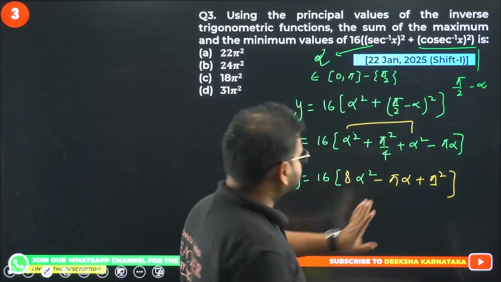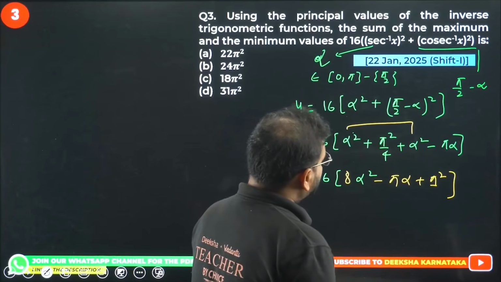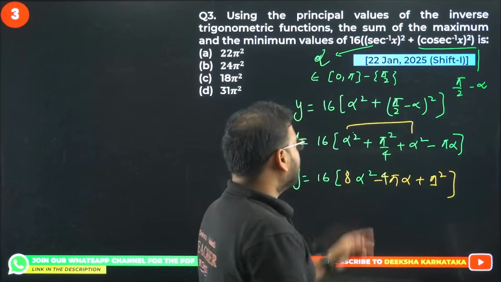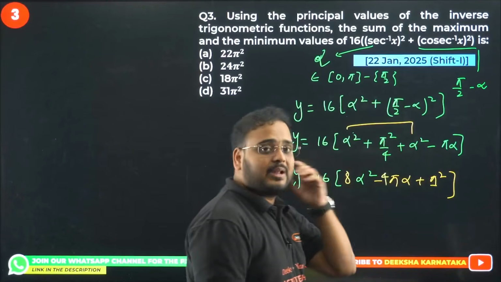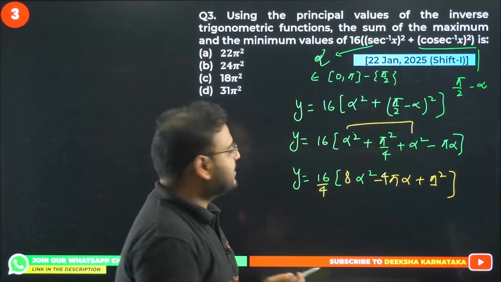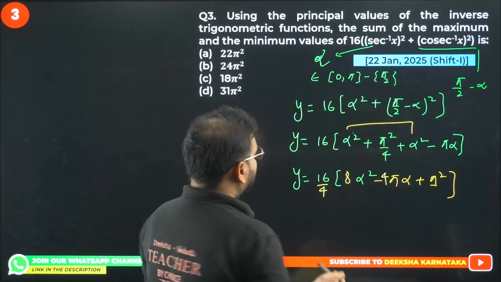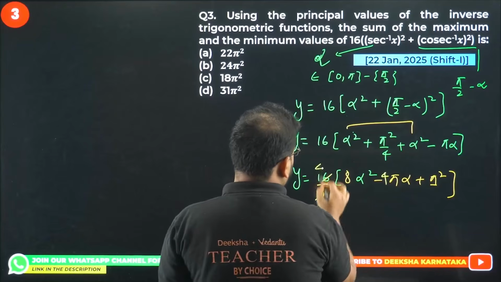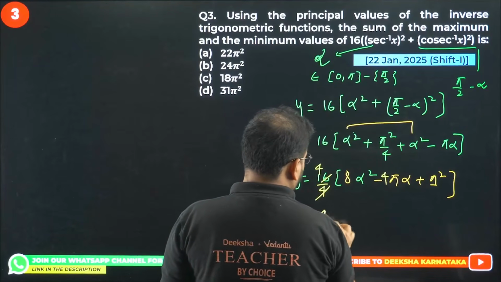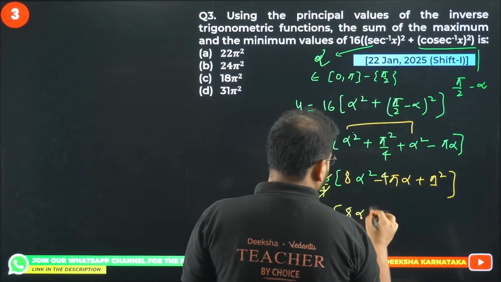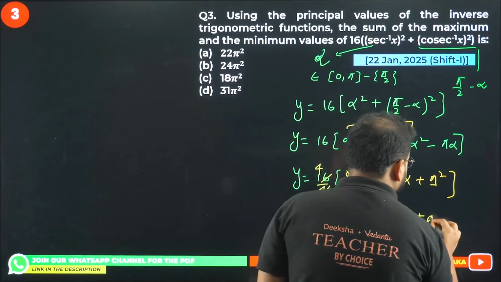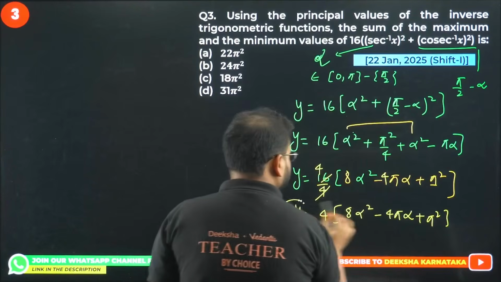Pi square is as it is. We get now minus 4 pi alpha. Correct? Because I'm multiplying 4 to everything, you have to divide this by 4 also. So my function is going to be y equals to 4 times of 8 alpha square minus 4 pi alpha plus pi square. That's my function.